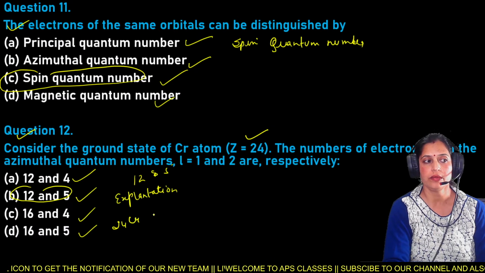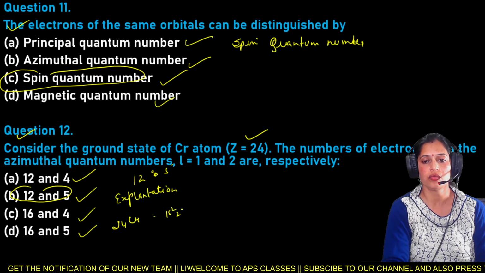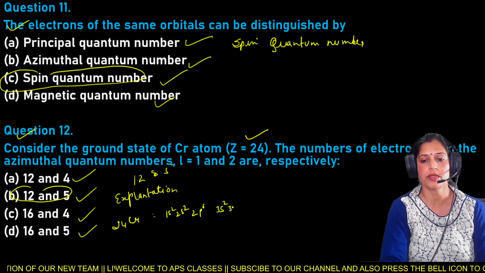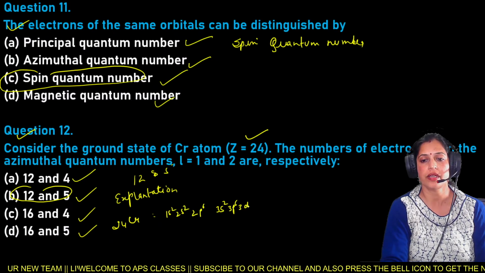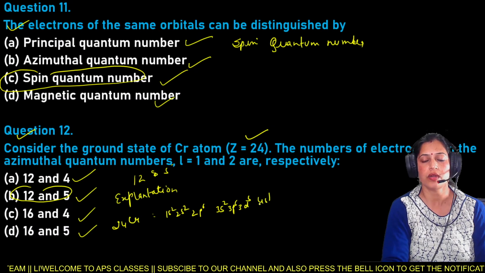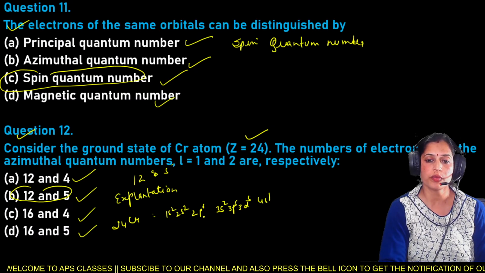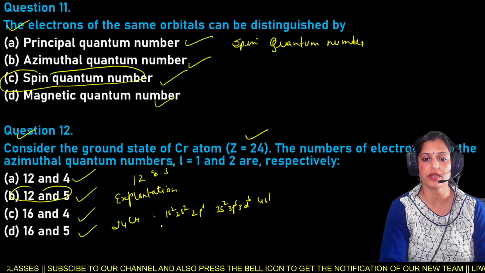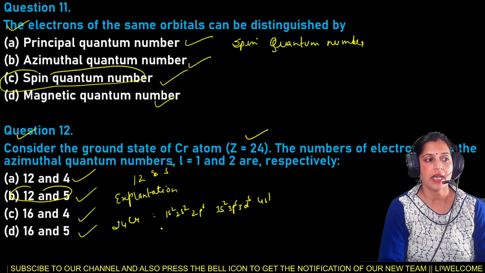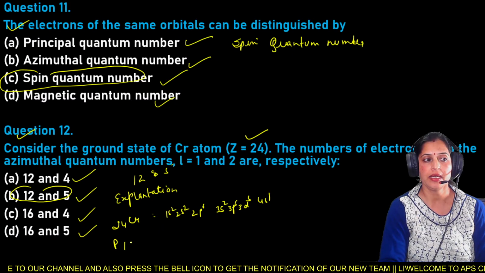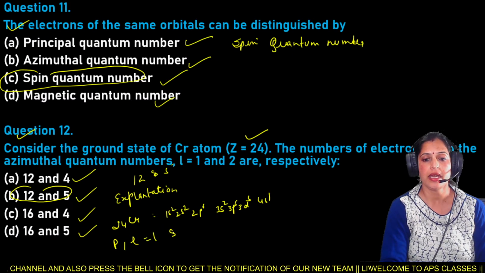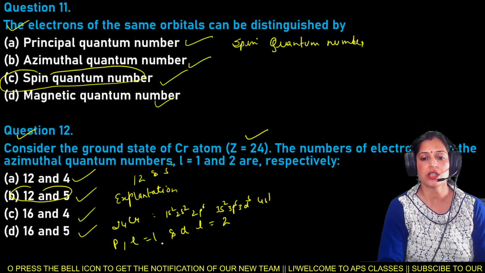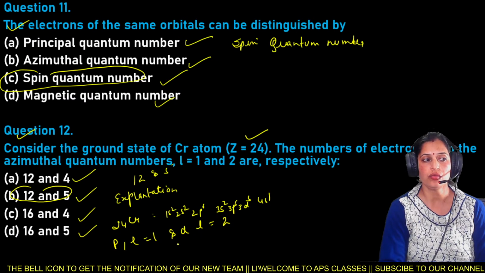Chromium, Z equal to 24, has the electronic configuration 1s2, 2s2, 2p6, 3s2, 3p6, 3d5, 4s1. As we know, p is l equal to 1 and d is l equal to 2.